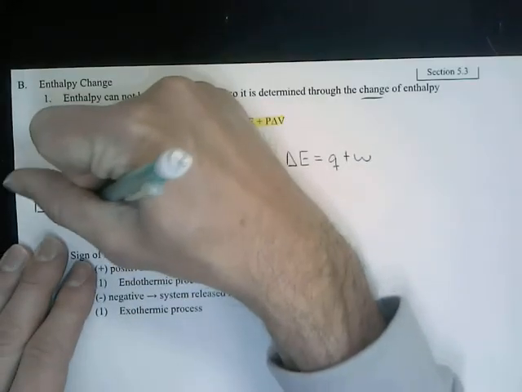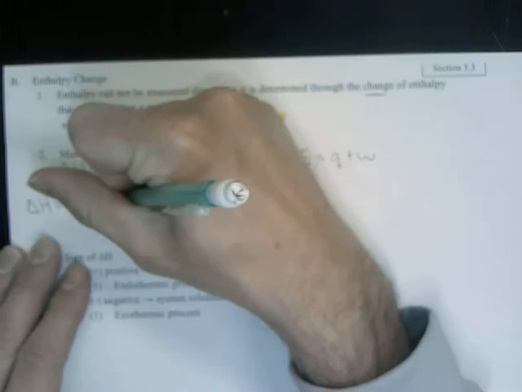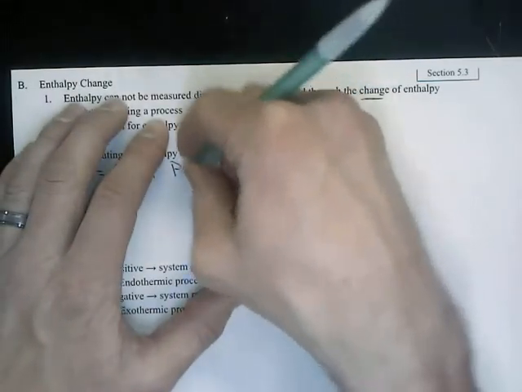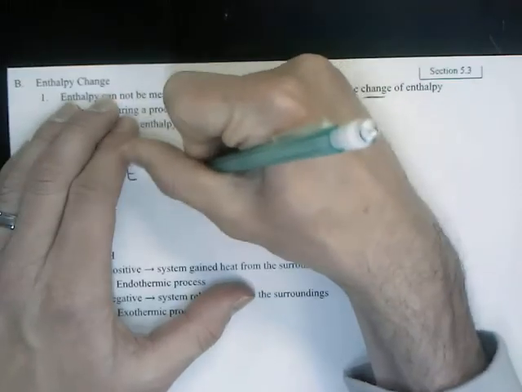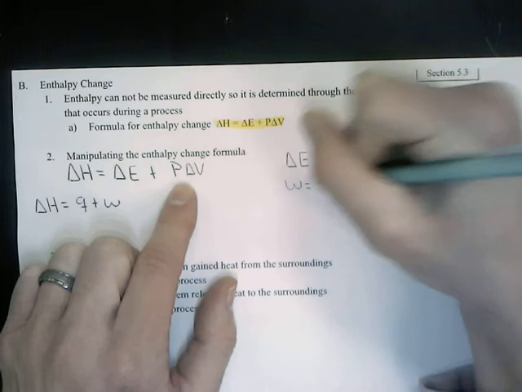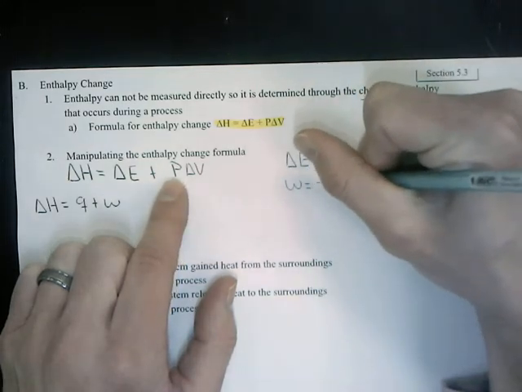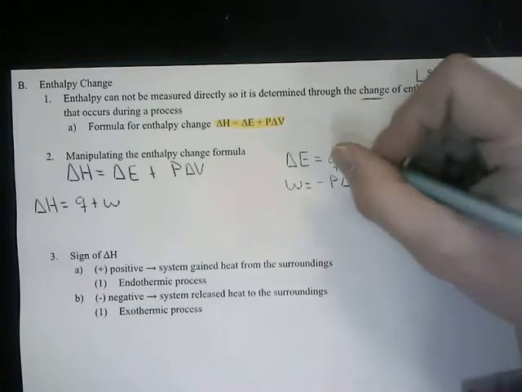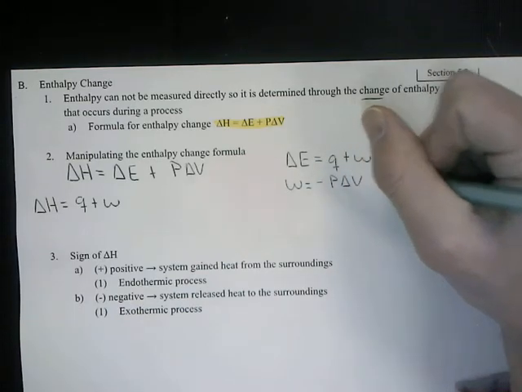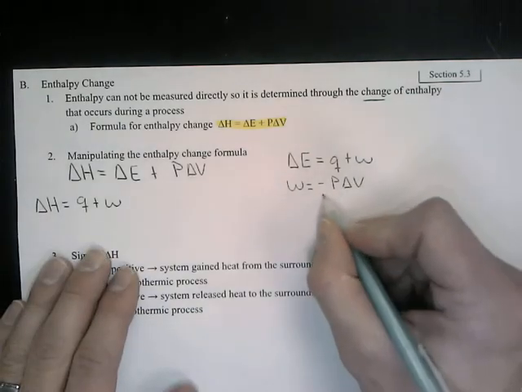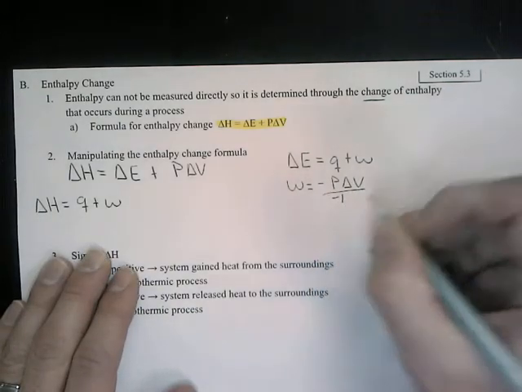So we have Q plus W. And we just got done talking about this, and I should make this P delta V. We just got done talking about how we could correlate work to this negative P delta V, okay? And so if we rearrange this, let's throw the negative on our other side here.